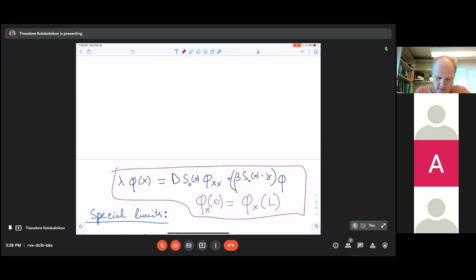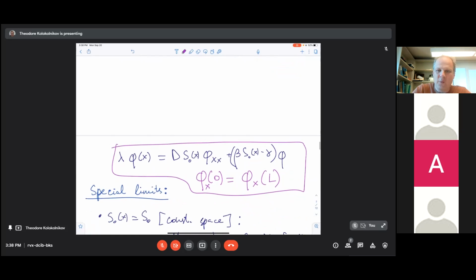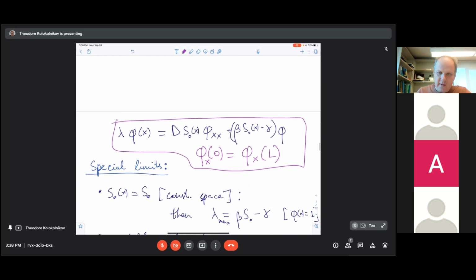One obvious thing is if S0 of x is independent of x, so it's just constant. For a constant population density, that's a simple problem, and then the leading eigenvalue is just beta S0 minus alpha. It's just this term here.